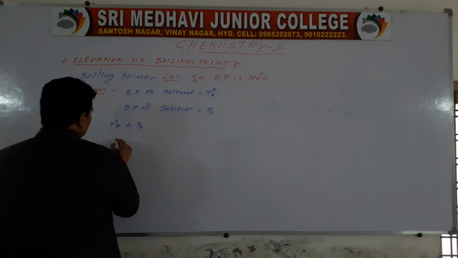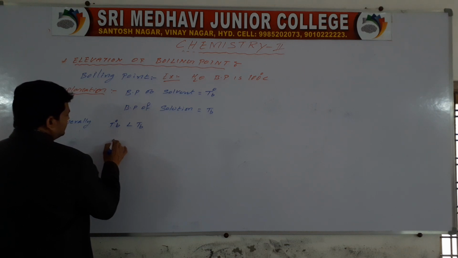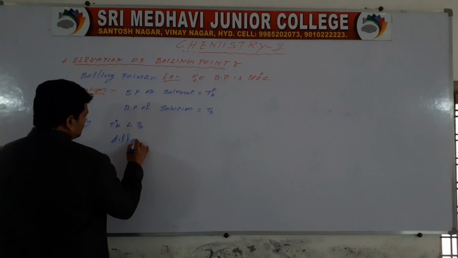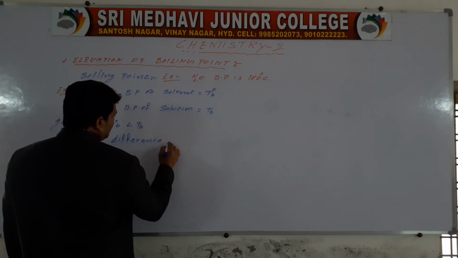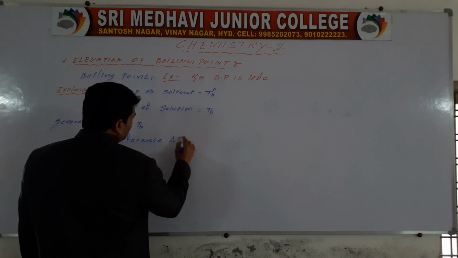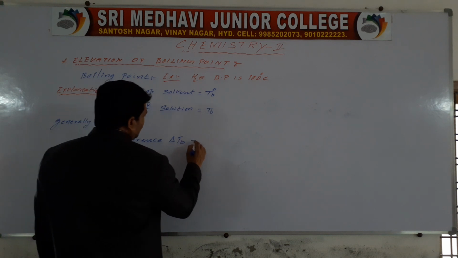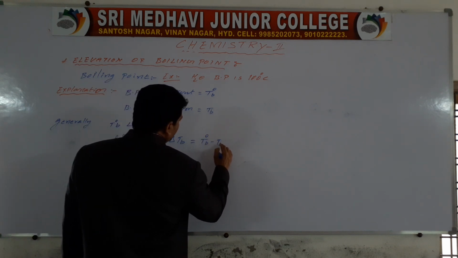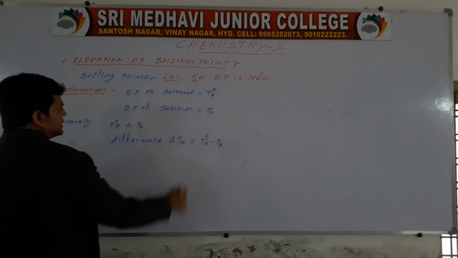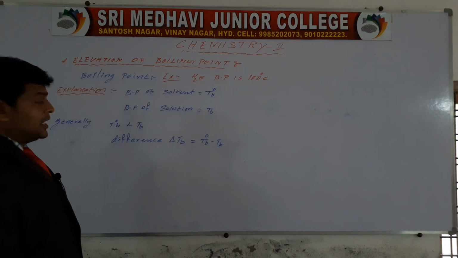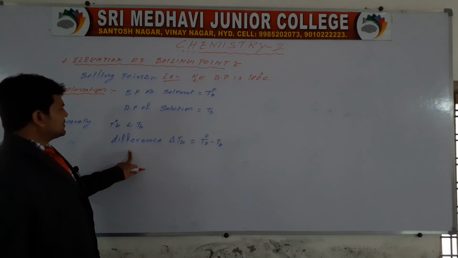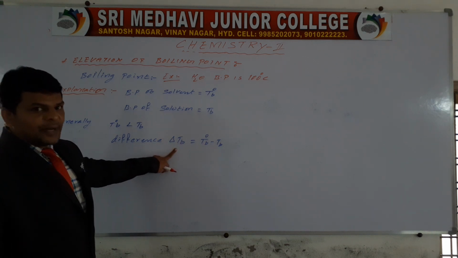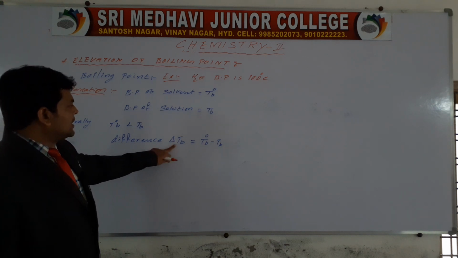The difference, delta TB, is equal to TB minus T naught B. So this is nothing but the elevation of boiling point. Difference means a change in temperature, which is delta TB.